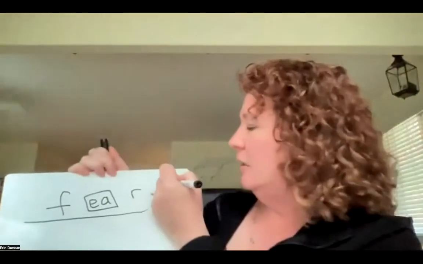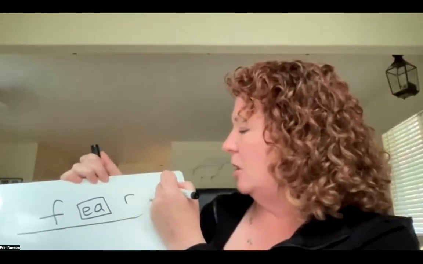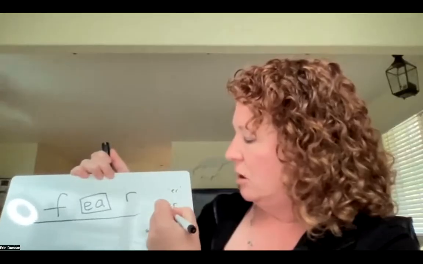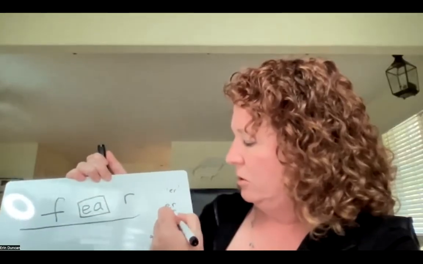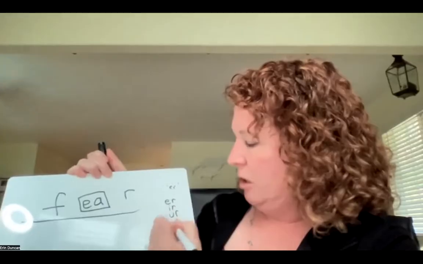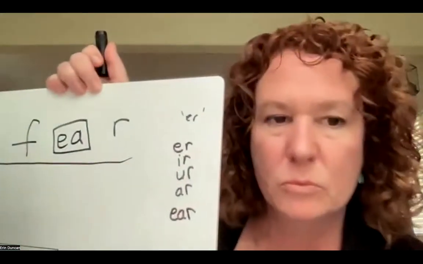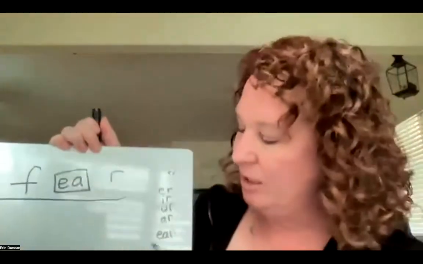If you look over on the box on the chart, you're going to see a lot of ways to spell that sound, and included among them is this. It's like, oh, but we need to be careful.